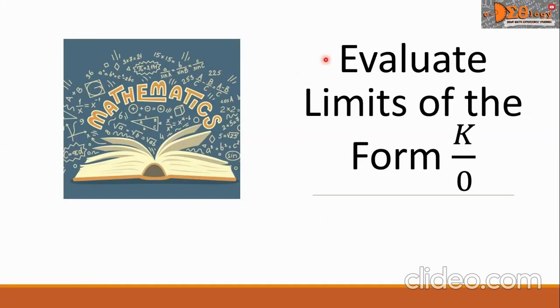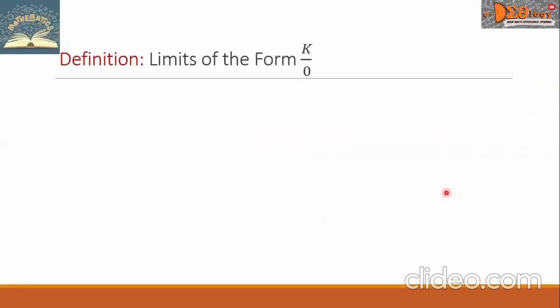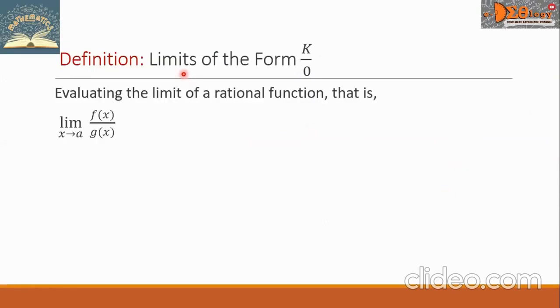Today, we're going to evaluate limits of the form k over 0. Let us define this limit. Evaluating the limit of a rational function, that is, the limit of the rational function f of x over g of x as x approaches a.